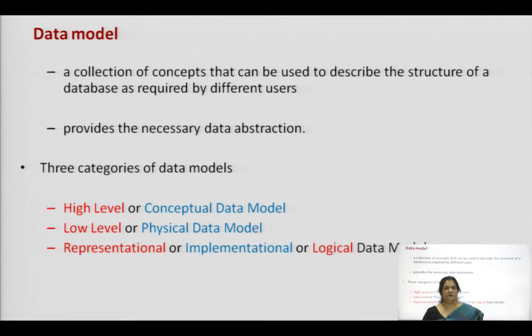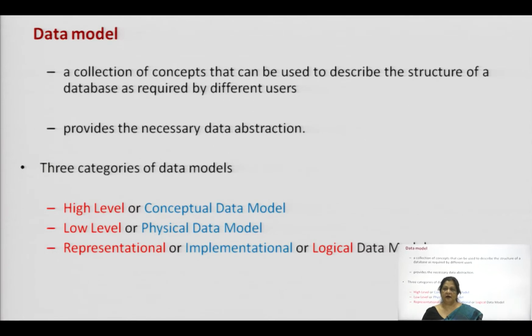So, different kind of data is required for each of the users, and the data models have been designed to provide the users with these different kind of data as required by them at the various levels.